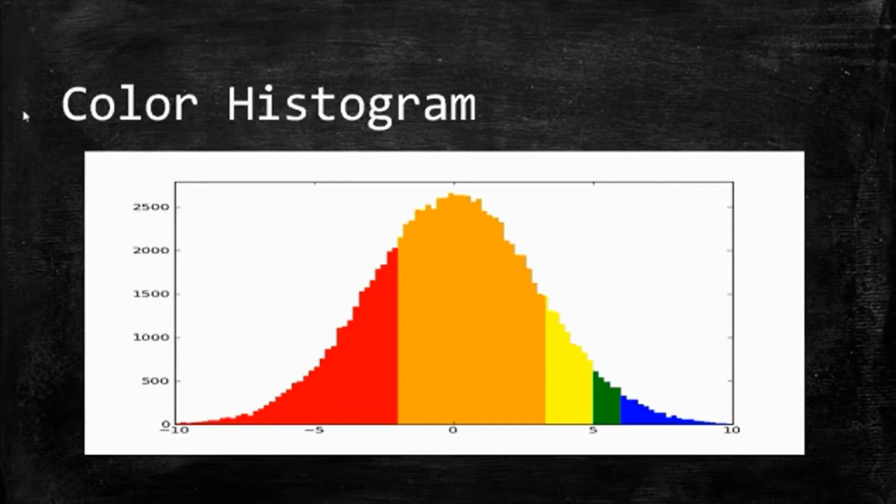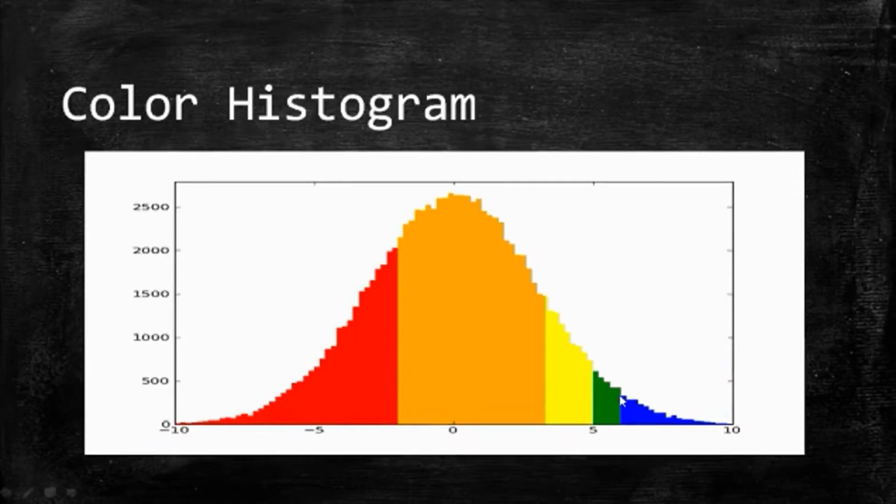Here I draw a color histogram. I have X and Y axes and I divide them into bins. So for this example, the image or the object has these colors. I have a lot of orange, then red, and the other colors.